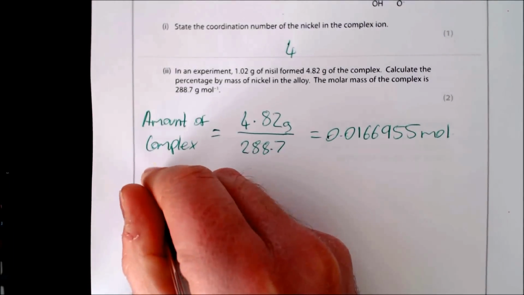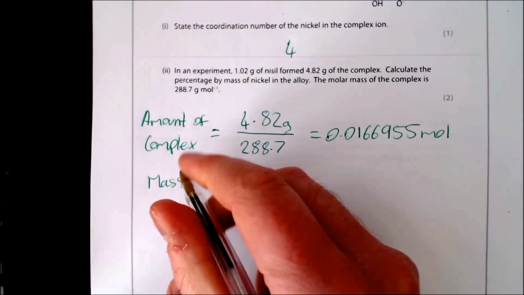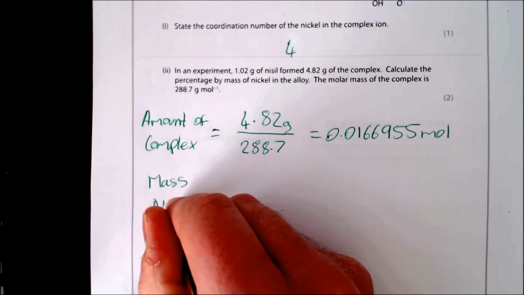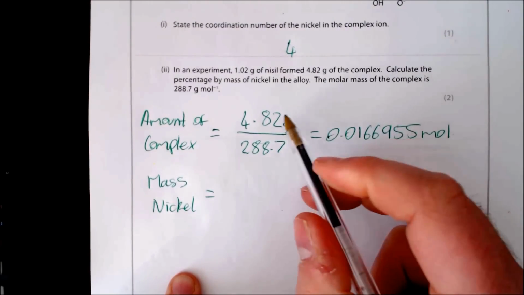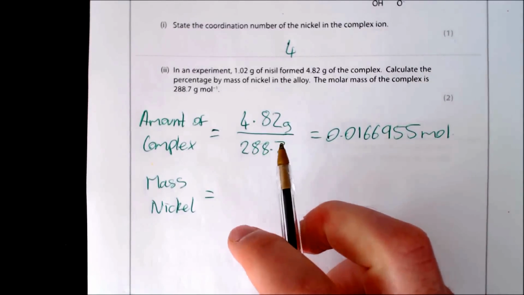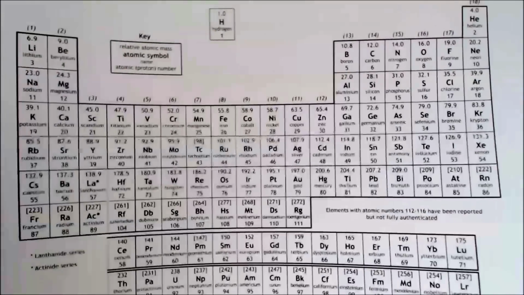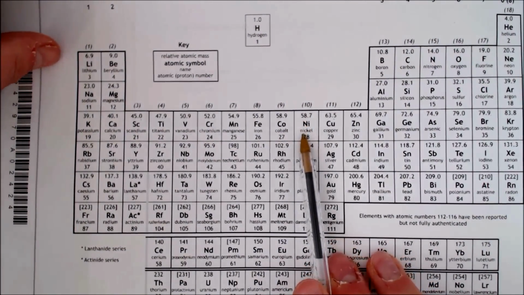We need to work out the mass of nickel though, because that's effectively what we need to work out. So mass of nickel is going to be the Mr of nickel, or the Ar, sorry, not the Mr, so it's an element. So the Ar of nickel is 58.7, as you can see on there, there's nickel.